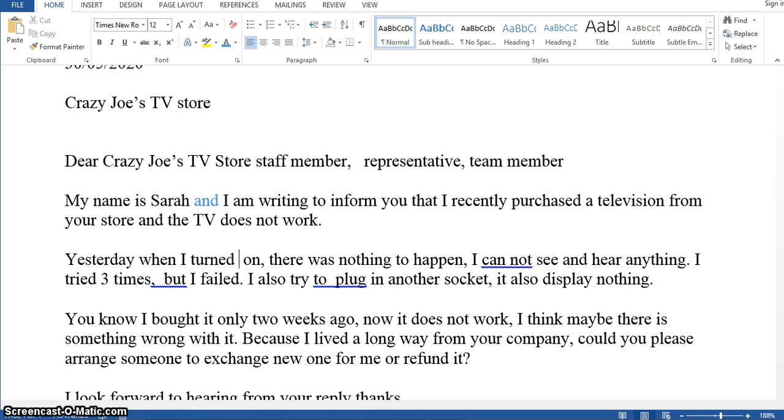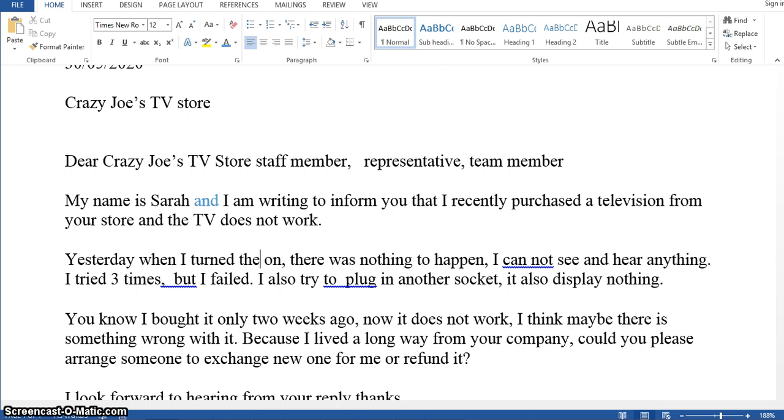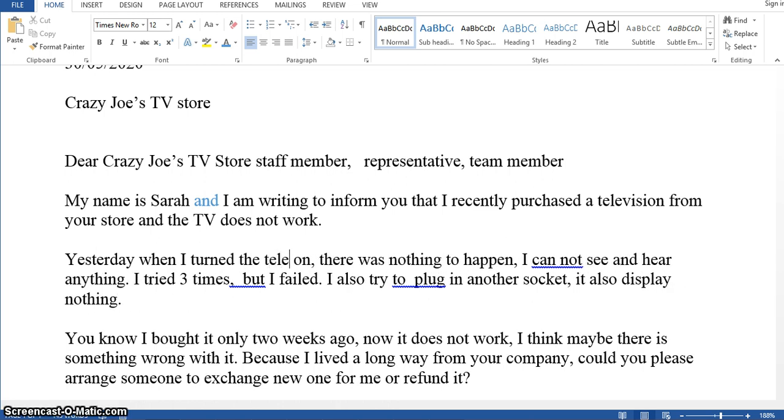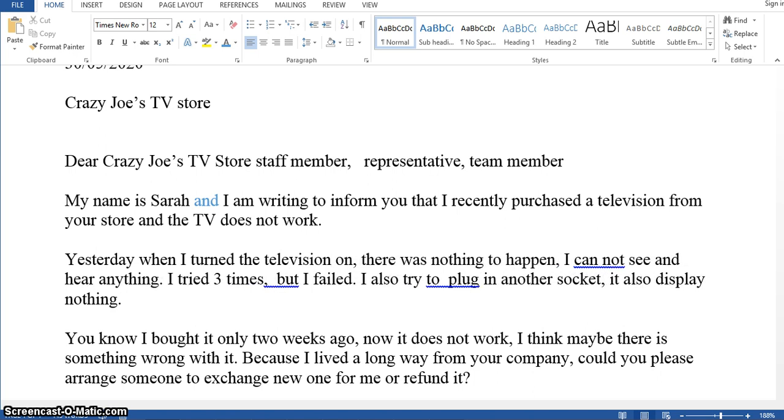Otherwise, they will have a different meaning. I turned will mean I changed direction or I moved my body. Yesterday when I turned the television on. Now I could say it when I turned it on, but I want to be very specific.